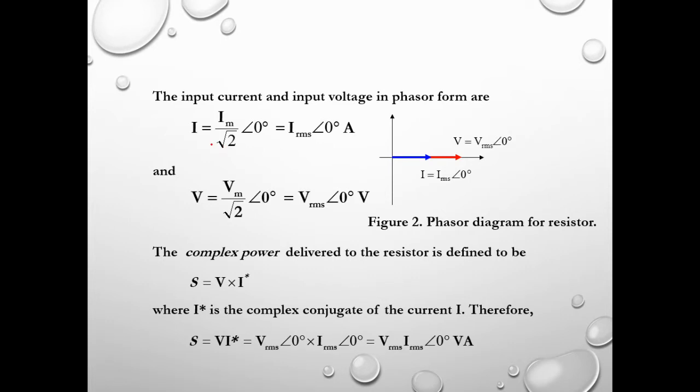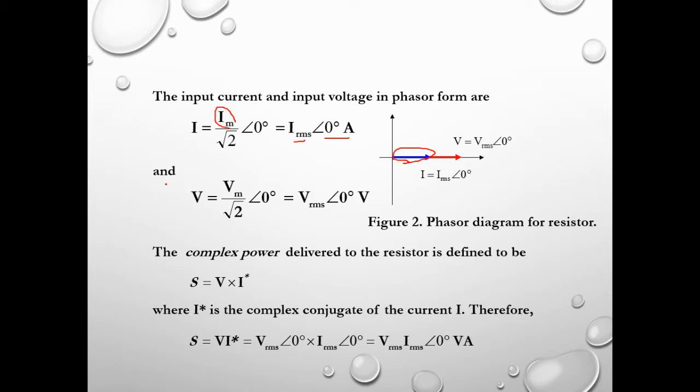When you convert to phasor form, you will get the I RMS value, the root mean square value of I, with 0 angle. This is for the maximum or peak value, divided by square root 2, so you will get the I RMS, the one in this blue color.